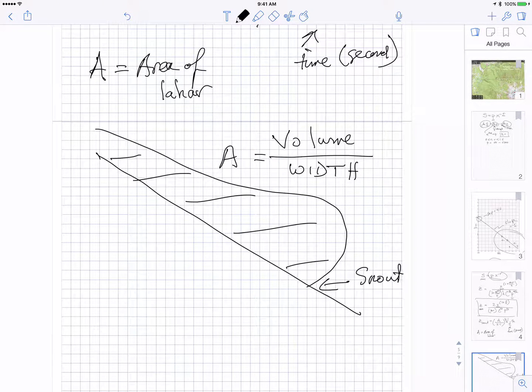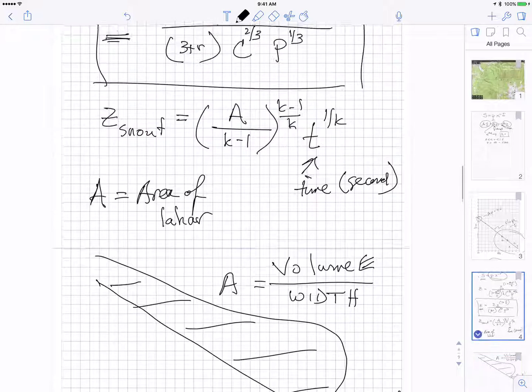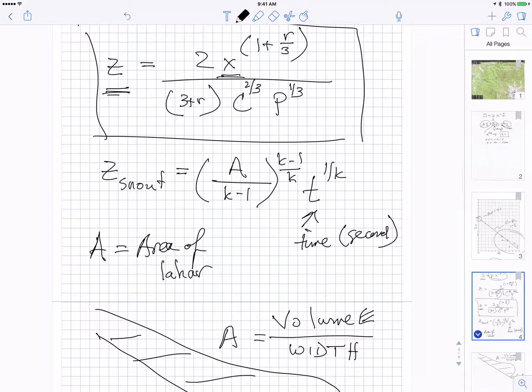So the volume of the lahar is usually going to be determined to be some number related to the size, the volume of the rock that came off the top of the volcano. The width is the typical width of the channel, and with that we get a, and so with that value of a, we now can plug that in here, and we have everything we need.